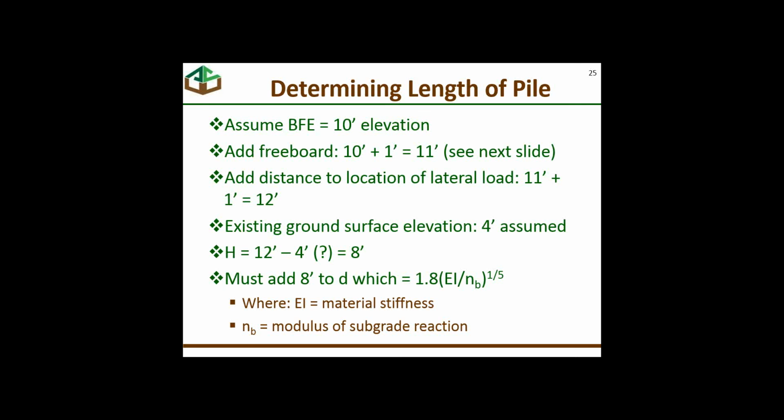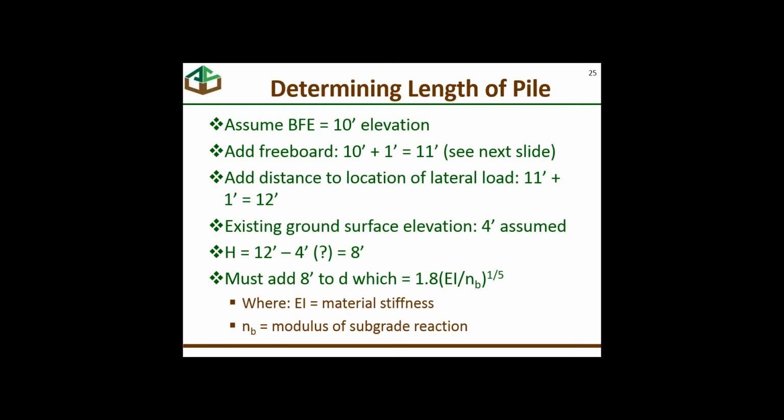Our lateral load from wind is at least 1 more foot up the pile, and so here I've said it's 12 feet. If you have a floor system and a girder stacked on top of each other, this could easily be 2 feet. If you have an existing ground elevation of 4, then your height from where the lateral load is applied to the ground is 8 feet.